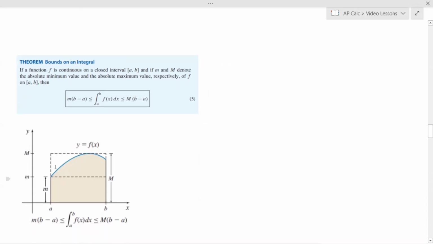In other words, if the function never dips below a certain value and never goes above another certain value, then the area under the curve has to be greater than the rectangle that lies below the curve the whole time, and it has to be less than the area of a rectangle that lies above the curve the whole time.